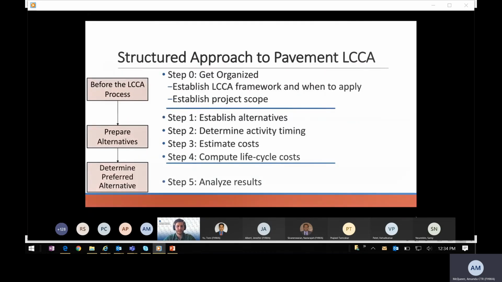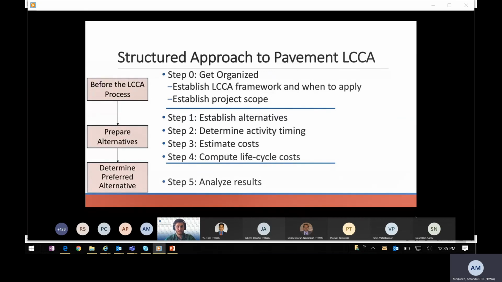It's best practice to have established procedures for conducting pavement LCCAs. These procedures would include additional details, 1 through 5, along with detailing when the LCCA should be conducted. These procedures are represented by step 0 in this slide, which is made up of establishing an LCCA framework, determining when you're going to apply it, and establishing a project scope.